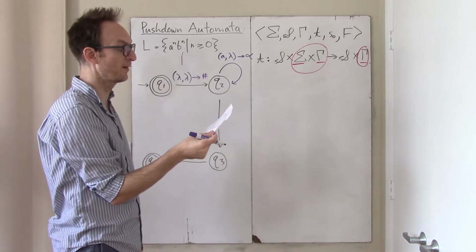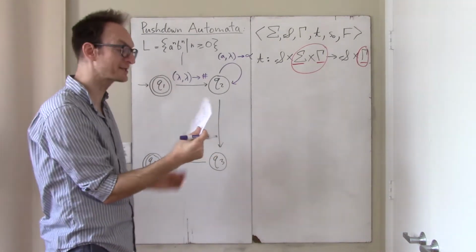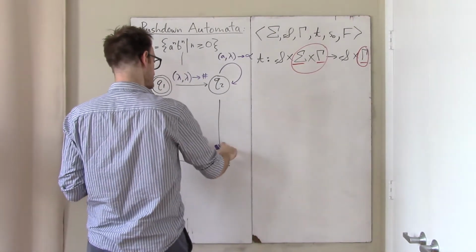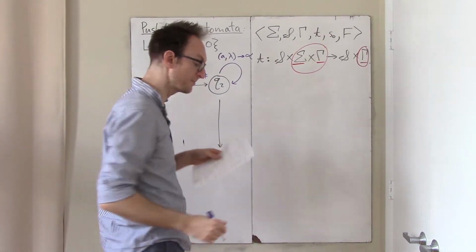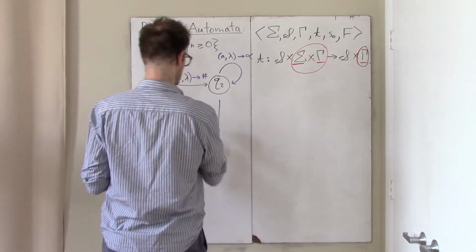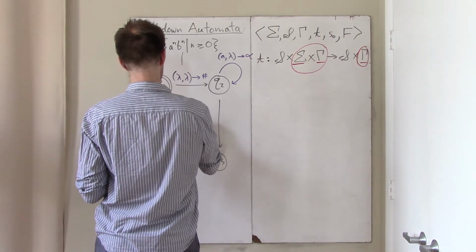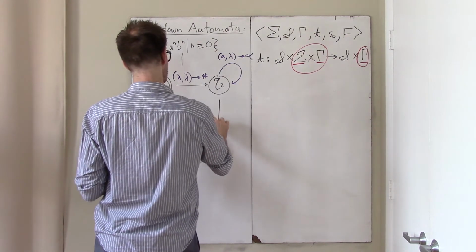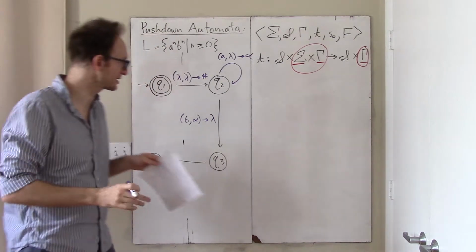And when you've read all the A's, now it's time to start reading the B's. This transition is going to tell you what to do when you hit a B finally. I'll do it over here: B, alpha, arrow, lambda. So now it's just the reverse.